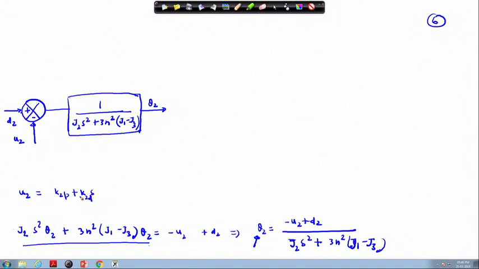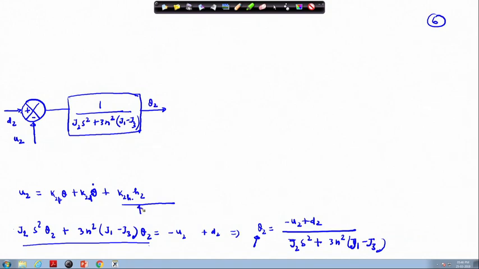This is written in the s domain, or in the time domain we can write it like this. And thereafter we also add the integral part, which is k 2 h times s 2.